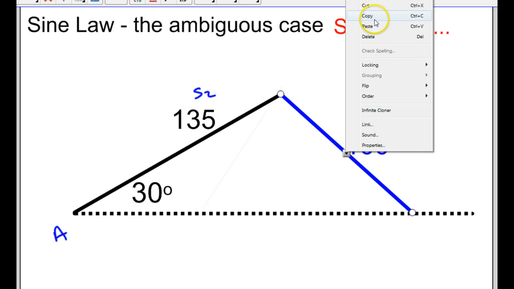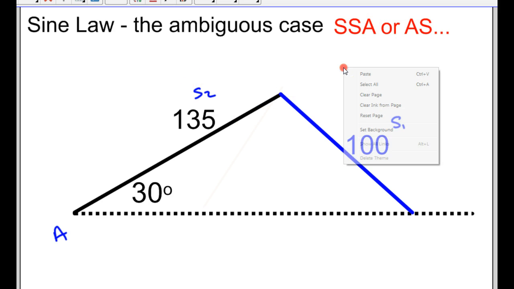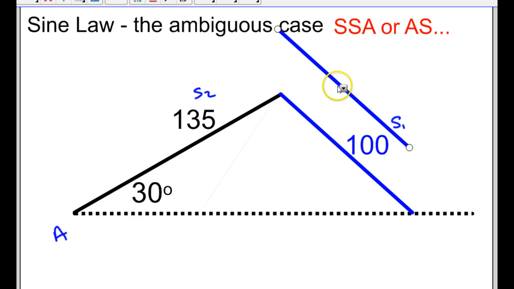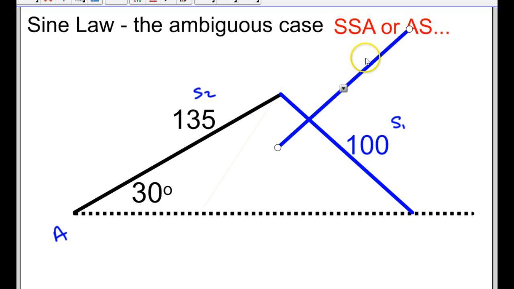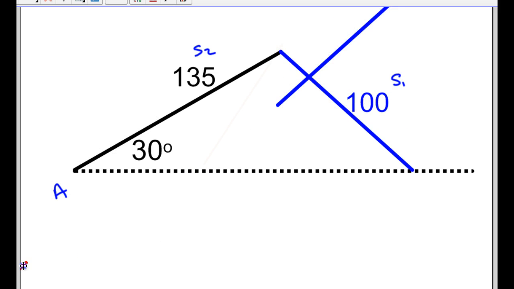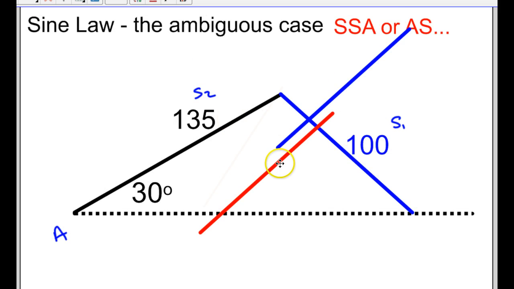I'm going to clone this, copy it, I guess. One of the things that can happen, given the right set of values here, is that, and I'm going to pull this red line up to sort of show you, first of all, the red line is identical to the flipped blue line.